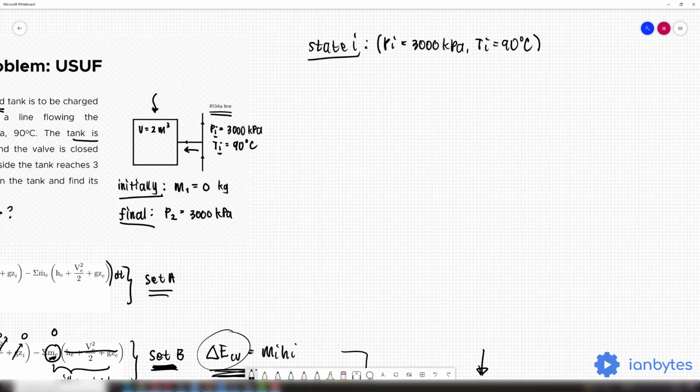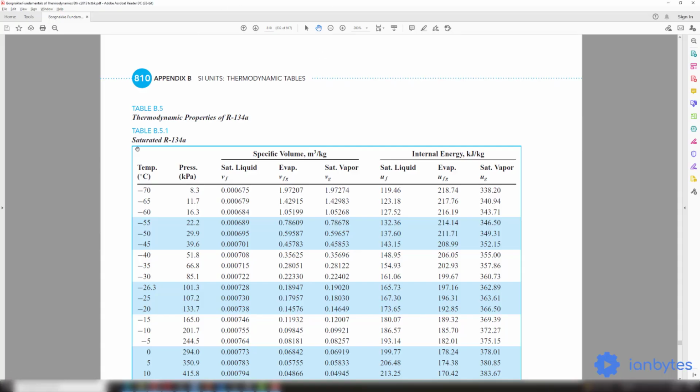Let us consult our thermodynamic table. So, take note na ang ating working fluid ay R134a, which means na dapat sa ating thermodynamic tables ay nandun tayo sa R134a. In the reference book that I am using, which is Fundamentals of Thermodynamics, andito tayo sa table B.5.